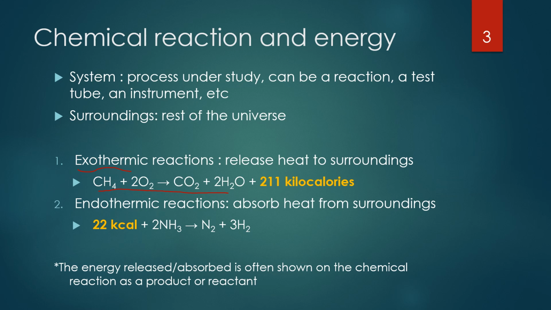So how we represent that is by putting here in yellow this 211 kilocalories. Okay, and what that is, that's heat. That's how much heat was actually released. We're going to look at some equations and actually be able to solve for heat so that we can know exactly what this amount should be depending upon the reaction. So if the heat is on the product side, such as in this case, it's an exothermic reaction.